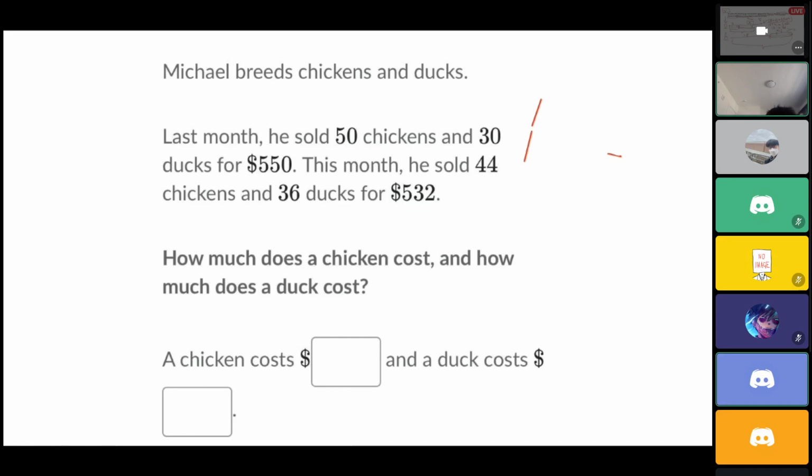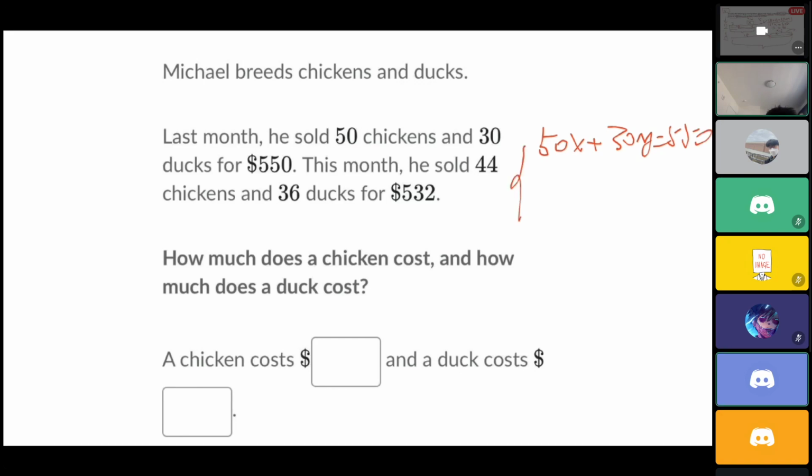And then for the 50x and 30 and 550, they all have a zero, so I divide by 10, so it equals 5x plus 3y equals 55.